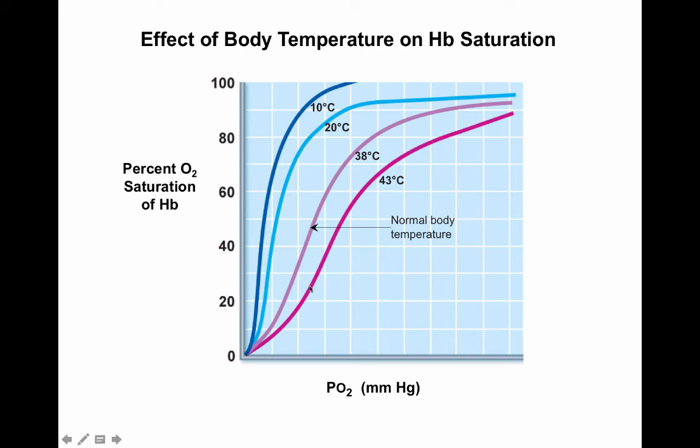So we see this happen in exercise, for instance, and we're offloading oxygen from hemoglobin faster than it can sometimes reload it, and in part that ties in with a higher temperature that we're creating within the body. When we have lower temperatures, we load hemoglobin with oxygen much faster, and so we see a correlation here in temperature between lower temperatures giving us better hemoglobin saturation with oxygen, and higher temperatures giving us poorer saturation of hemoglobin with oxygen.